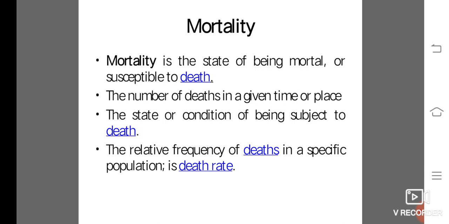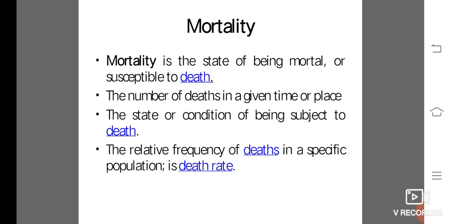Mortality rate or death rate is a measure of the number of deaths in general or due to a specific cause in a particular population, scaled to the size of that population per unit of time.